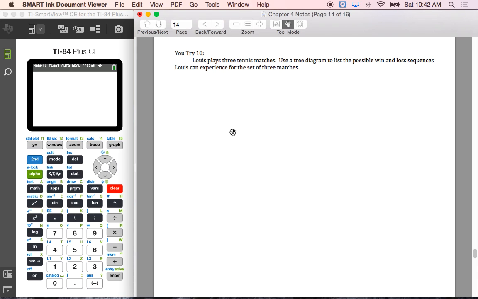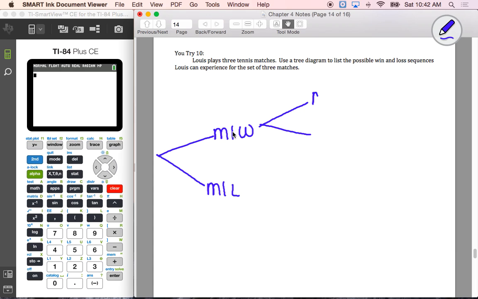So you should have a tree diagram drawn. I wrote this as match 1 win, match 1 loss. Match 2 win, match 2 loss.